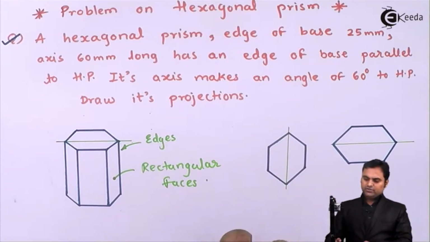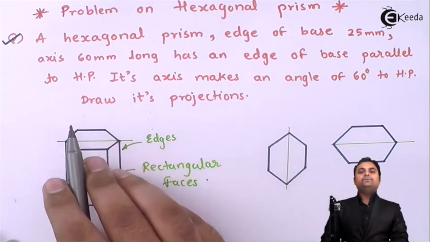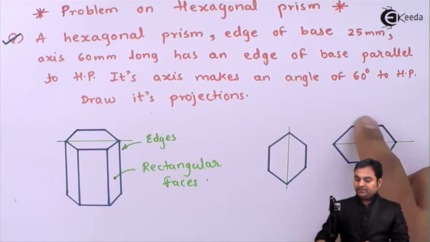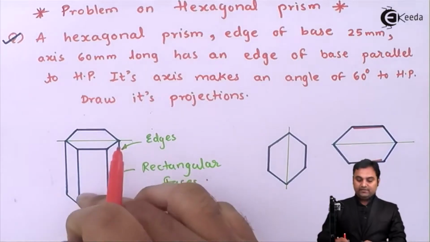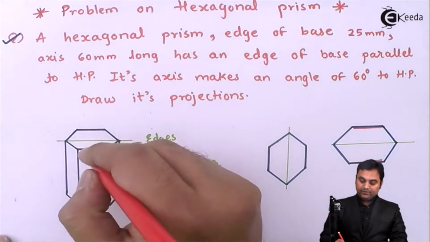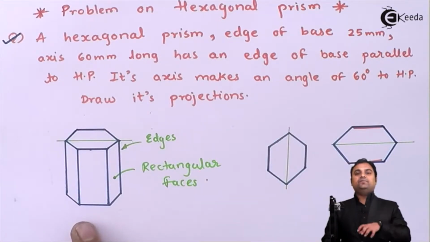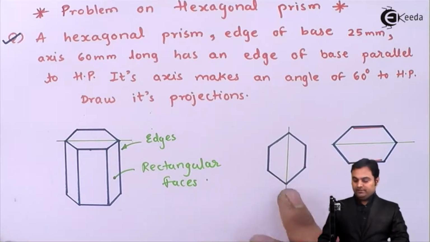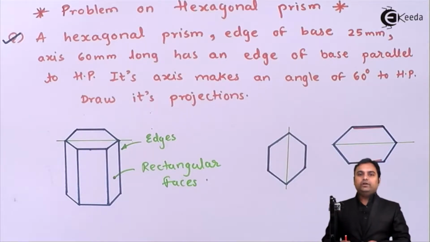For example, in this question it is given that it has an edge of base parallel to HP. So for that, the second condition would be used, because here these two edges will be parallel, like we can see in this 3D diagram. These two edges will be parallel to HP when this hexagonal prism is kept on the ground. Whereas if I turn it and keep it in this way, then these two edges will be perpendicular to HP.